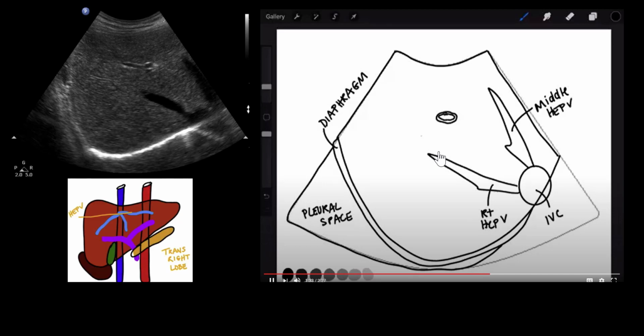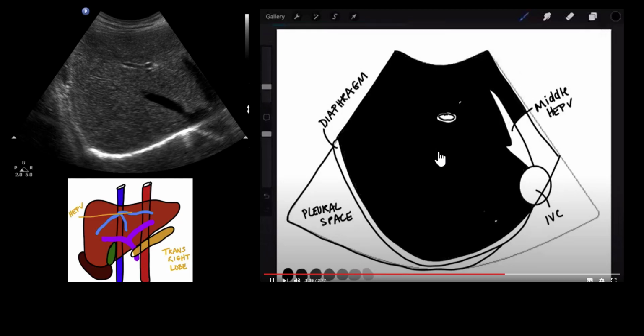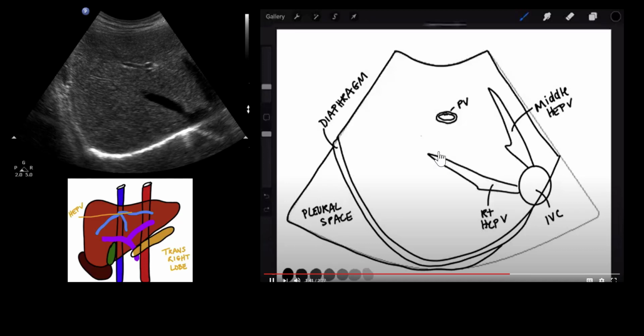We might see some other smaller structures, but our major vessels that we want to make sure are in the picture are at least 2 of the hepatic veins. We want to make sure that our hepatic veins are clear of any clot, so we will take a look at them, make sure nothing is extending into the IVC. But remember, this is a liver picture.